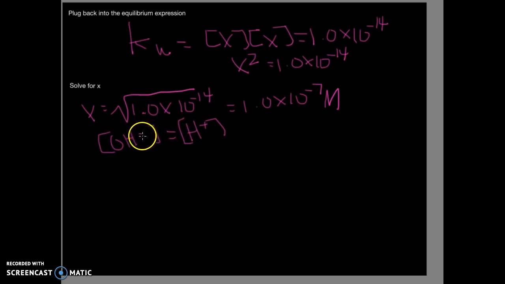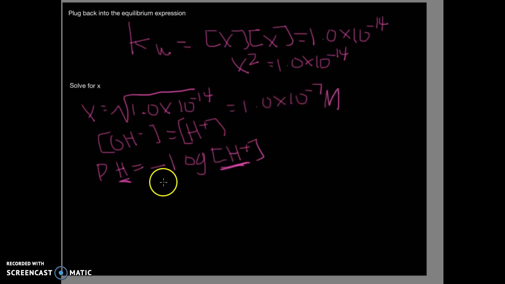All right, so now something interesting is you can go back to, I'm going to show you how they got this. The pH equation looks like this. pH equals opposite the log of H plus concentration. So if the H plus concentration is 1 times 10 to the negative 7, pH is opposite the log of 1.0 times 10 to the negative 7th.